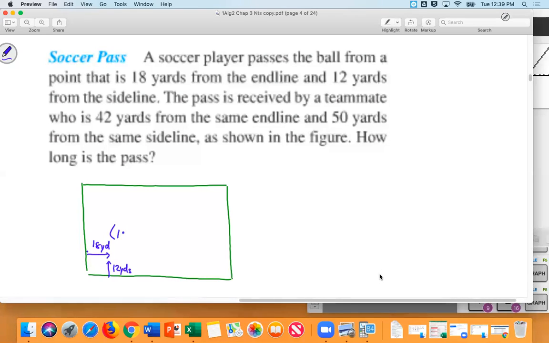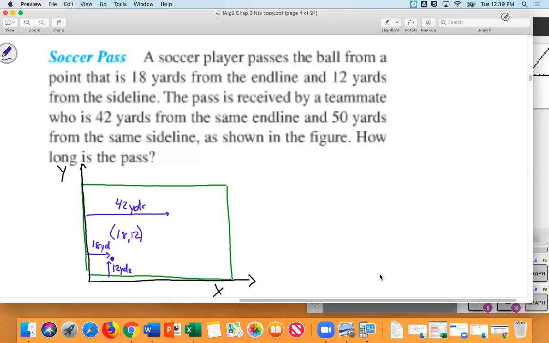That point is 18, 12. This is a big coordinate plane. It is being passed to a teammate who's 42 yards from the same end line.